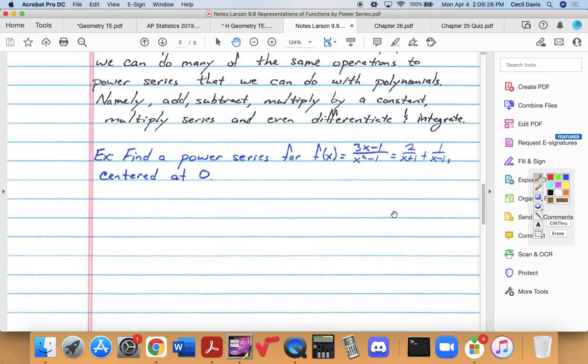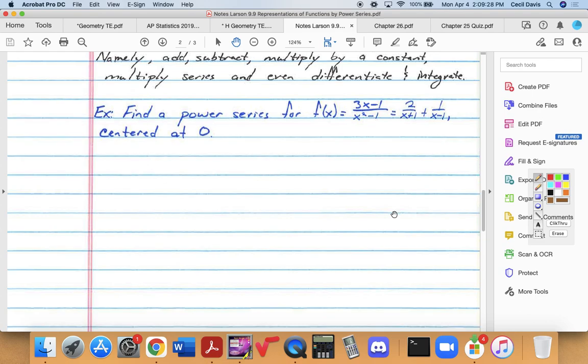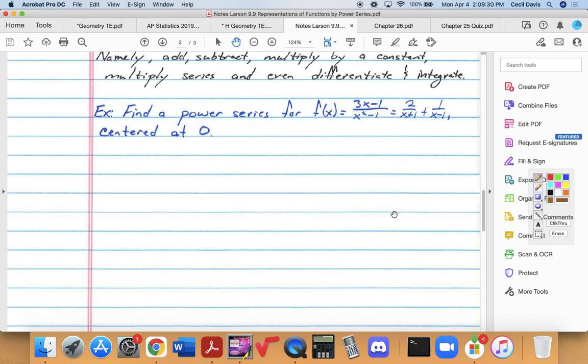So, let's take a look at this one. Find a power series for f of x is equal to 3x minus 1 over x squared minus 1, which is also equal to 2 over x plus 1 plus 1 over x minus 1. Okay?